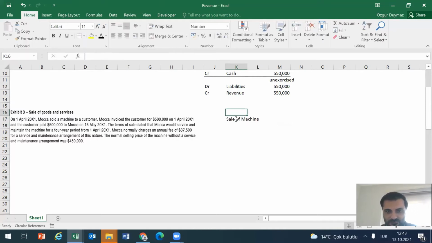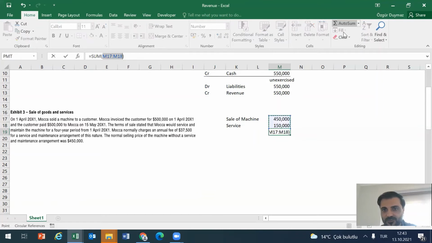In the given scenario, the machine is 450, and service and maintenance was the annual fee of 37,500 multiplied by 4 years, and the total price is 600.